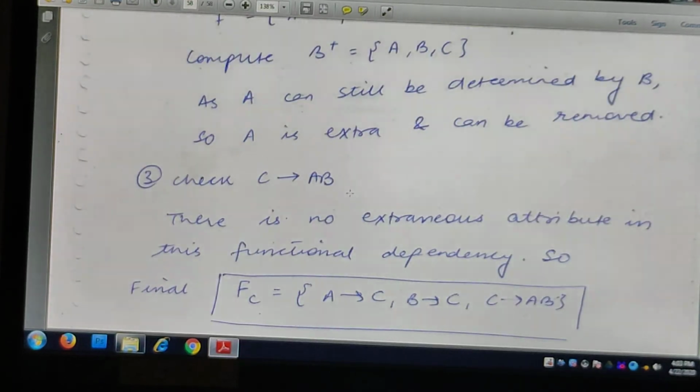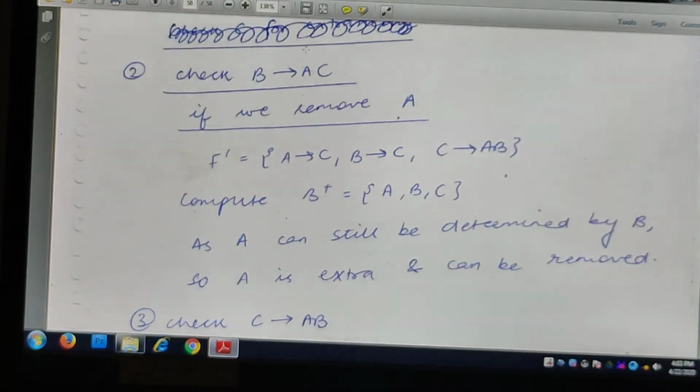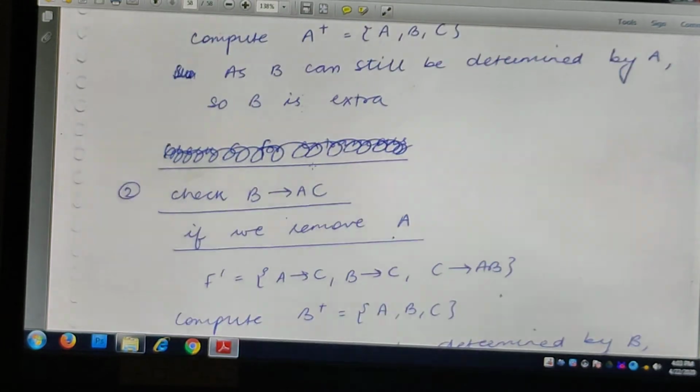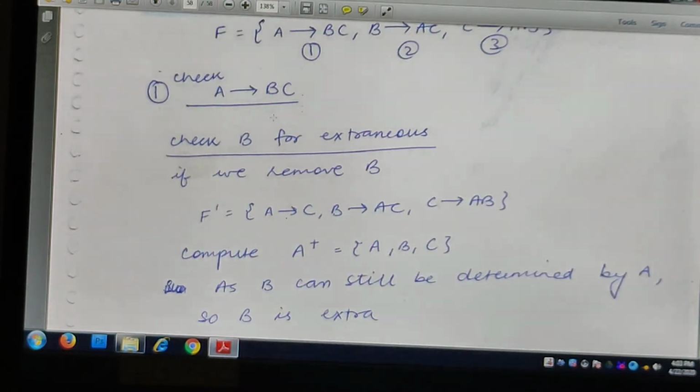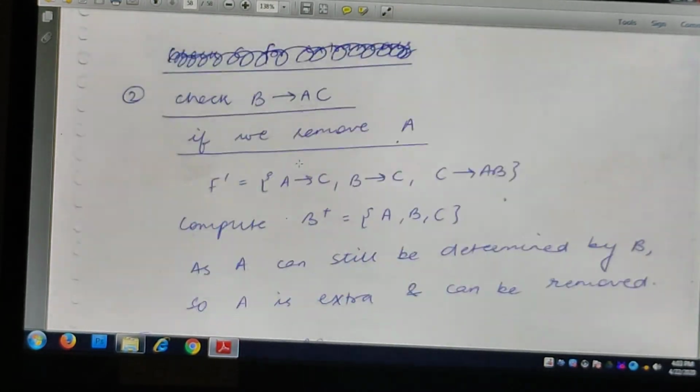Now C to AB: the set has now become A to C and B to C, right?